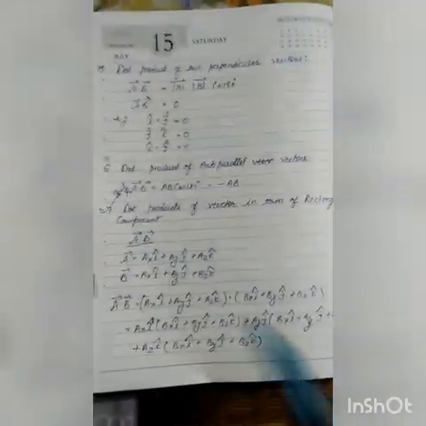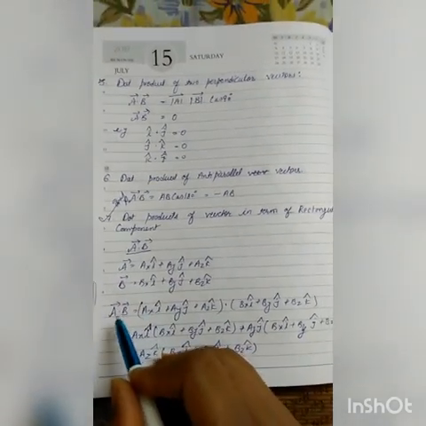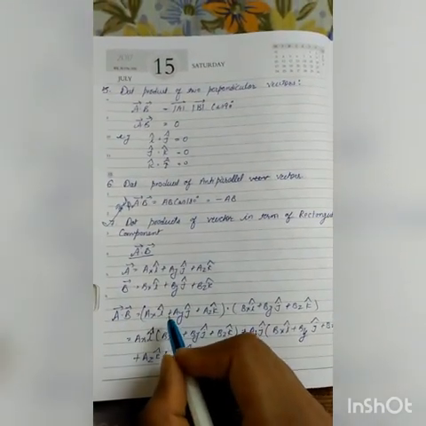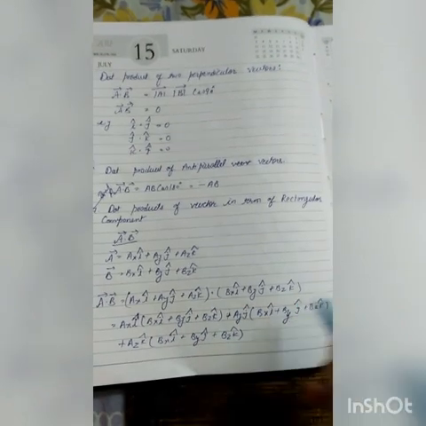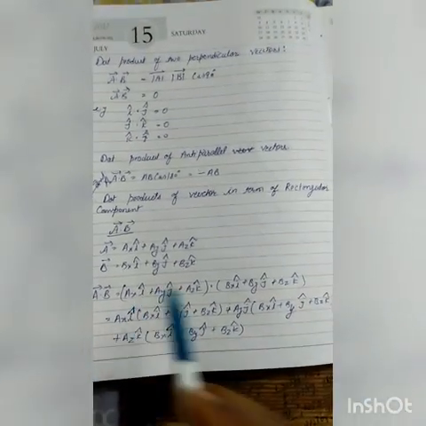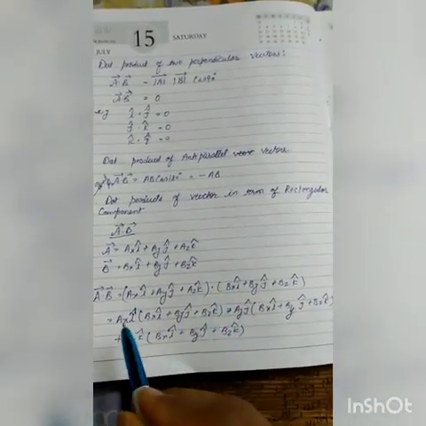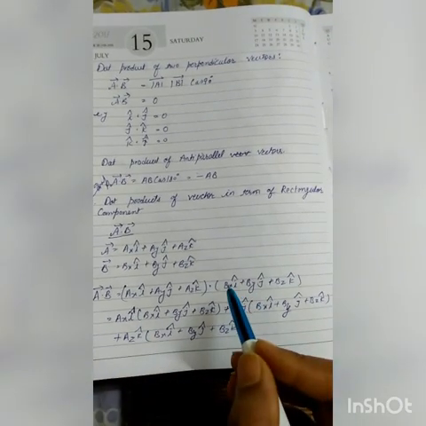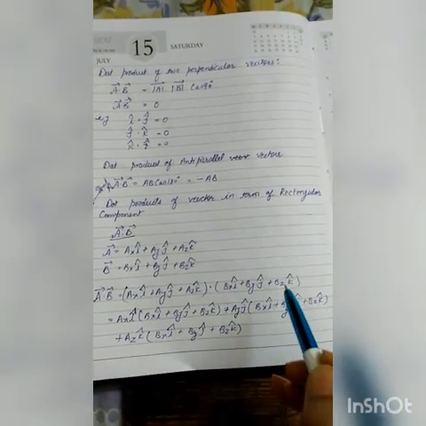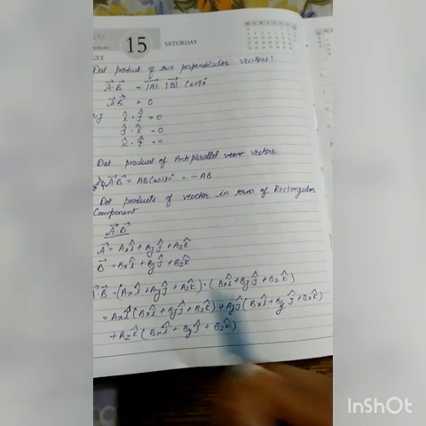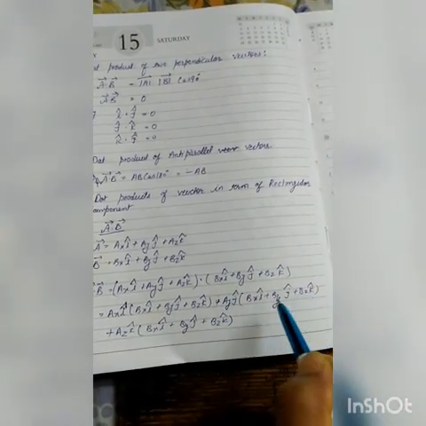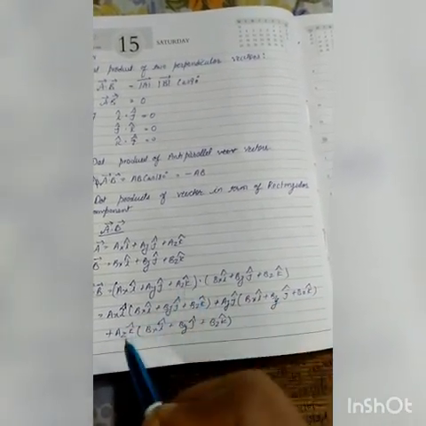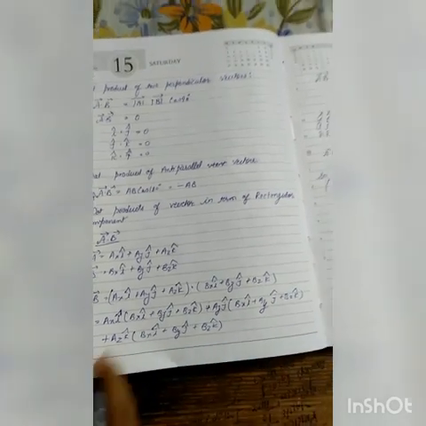And the second method is the longest method. For example, to find A dot B, put in the values of the A vector and the B vector and multiply these two vectors: AX I unit vector with the whole of the B vector, AY J vector with the whole of the B vector, AZ K vector with the whole of the B vector.